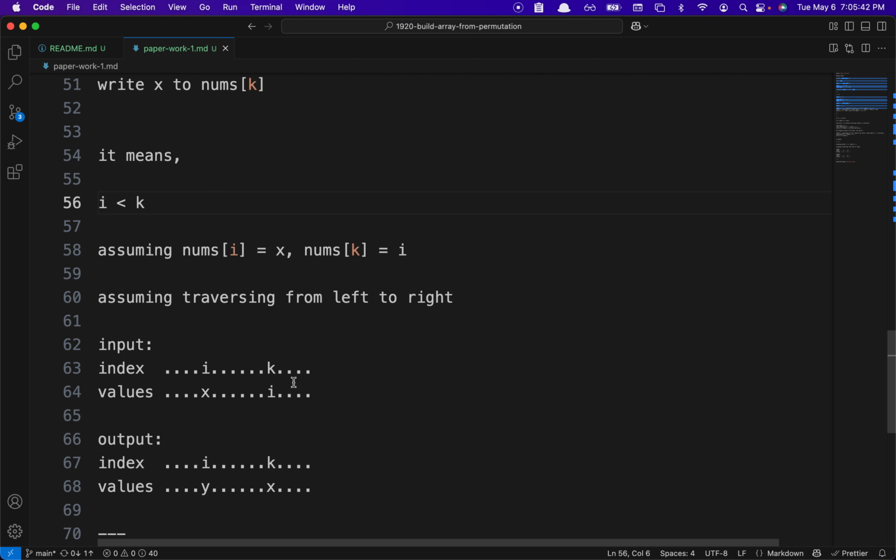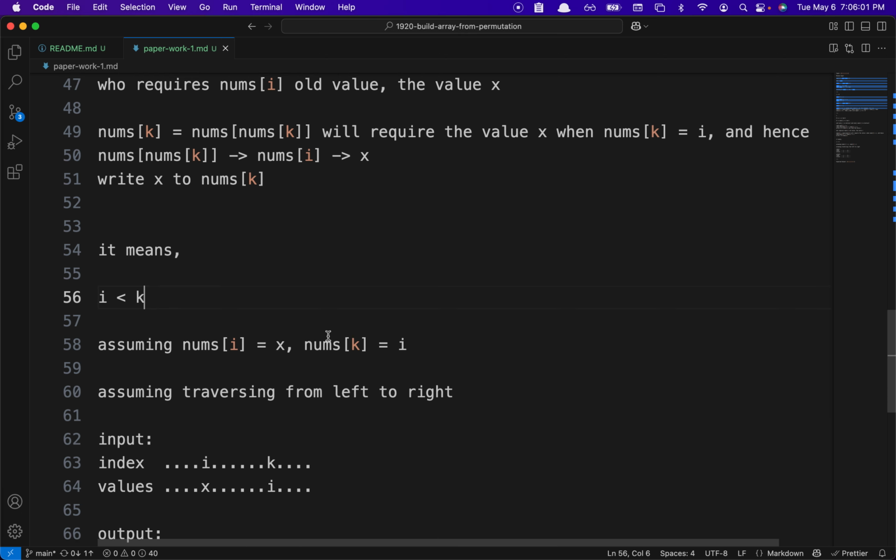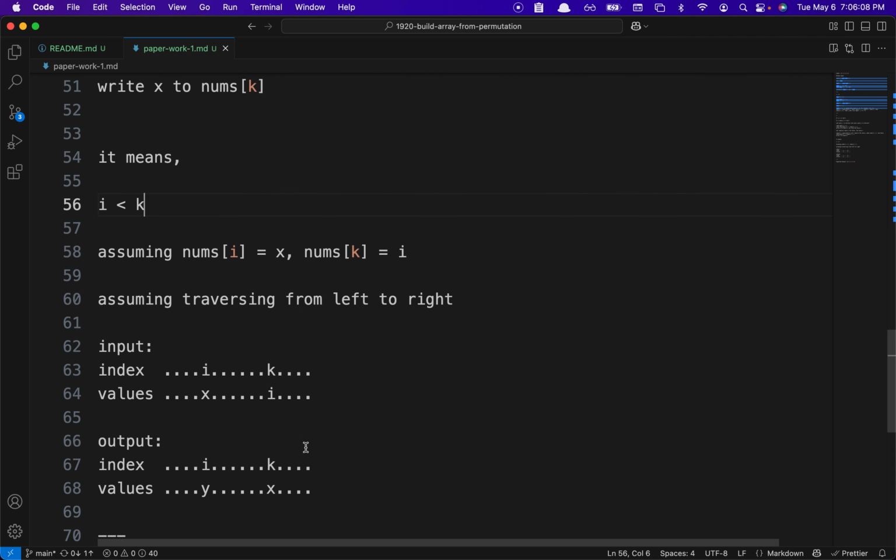So, I is less than k. We have nums of x. Nums of x is y. No, is there any connection between x and I?